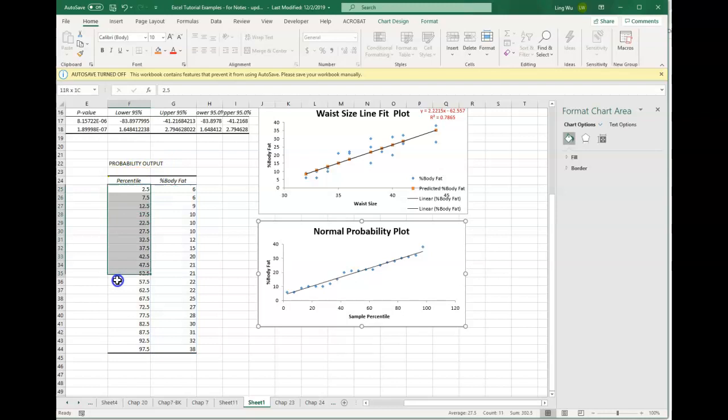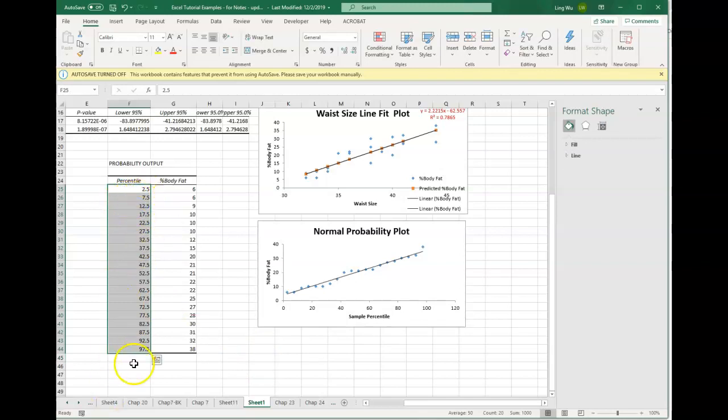This is the value you probably see in our normal probability plots. This is 0.025, 0.075, those values. This is just multiplied by 100, giving us the percentile. And the body fat is actually our Y value. So this is basically the normal probability plot for the Y data.